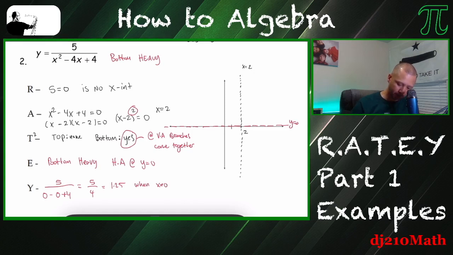So positive 1, positive 2, so 1.25. All right, so putting it all together. That first branch is always going to be pretty obvious, only because it crosses the y-axis. So I know that towards infinity, towards the end, the graph is really close to the asymptote.